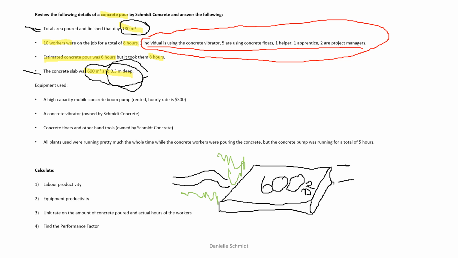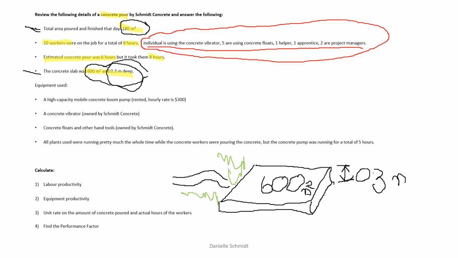So we know that the distance between the top of the slab and the bottom of the slab is 0.3 metres. And again, apologies for these deplorable sketches.